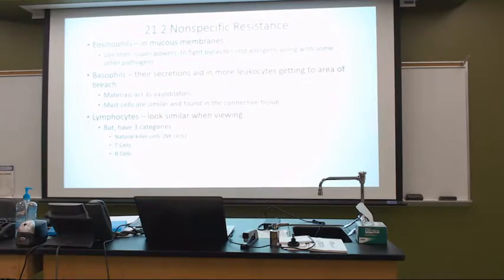So, if we look at these white cells, because at this point we're dealing with the ones that we know as monocytes. And if you remember, we had stuff such as the eosinophils, basophils, our neutrophils.